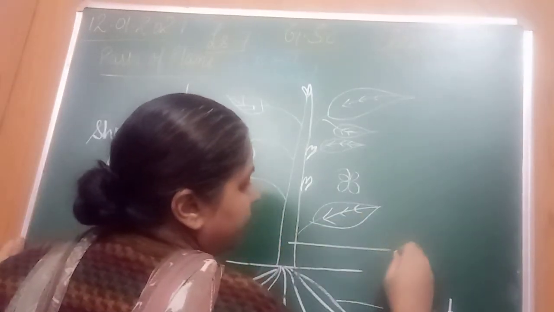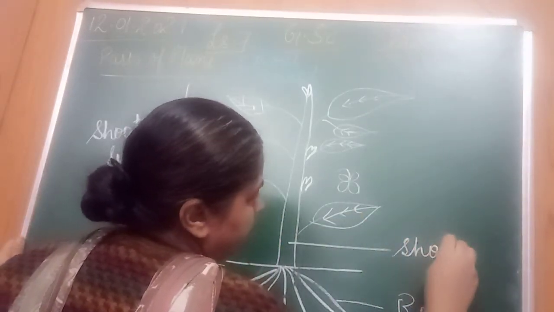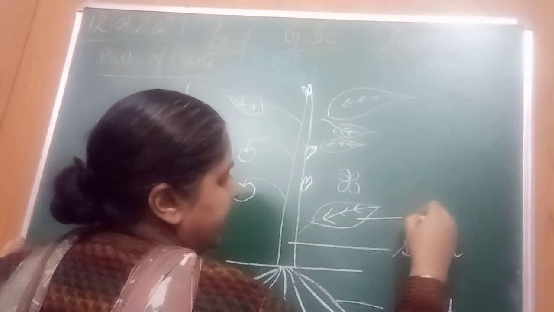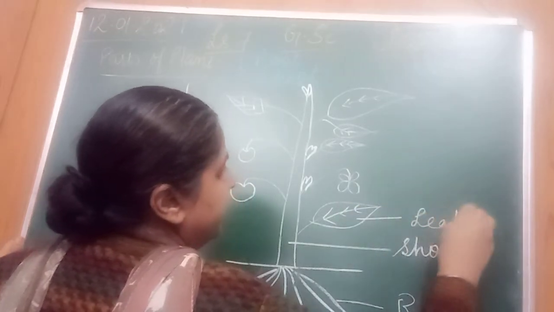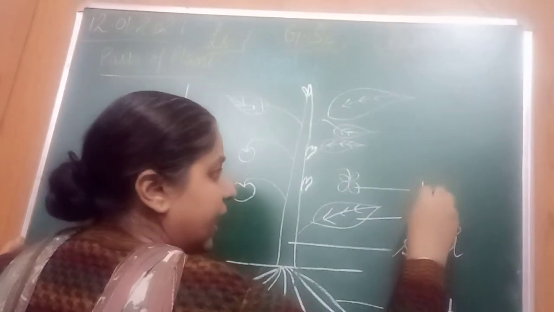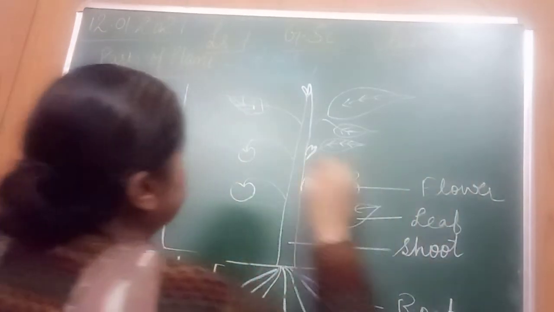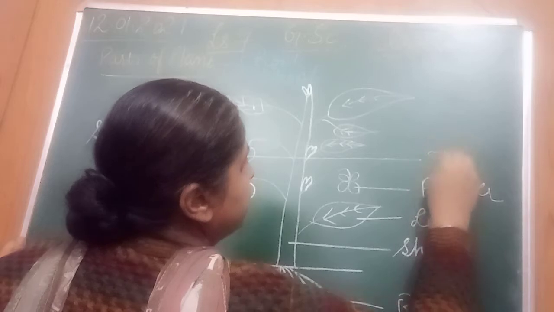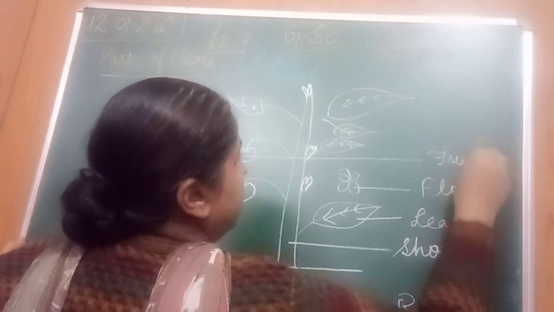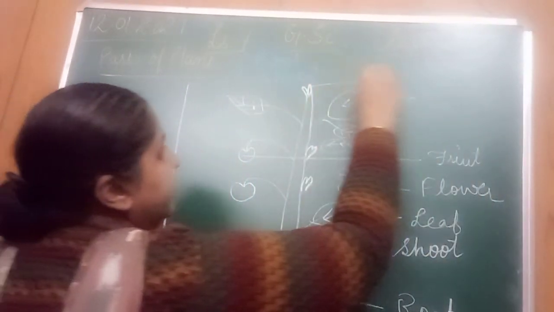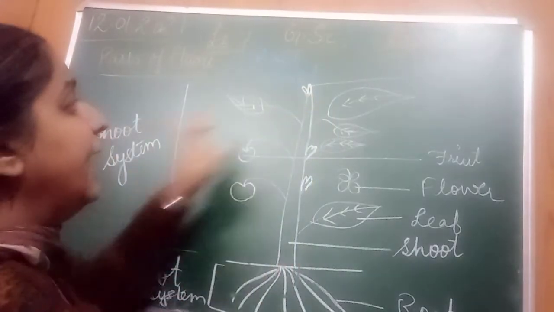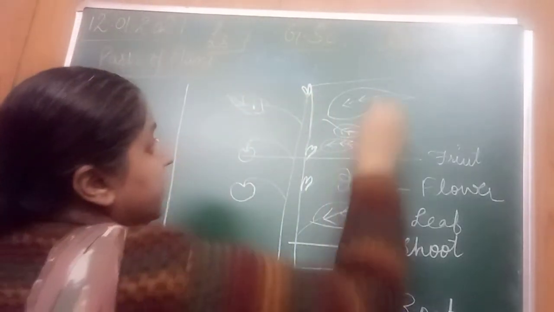First of all, what was this? Shoot. Then this is a leaf. This is a flower. Then this is a fruit. Then this is a bud. And this bud at the top is known as the apical bud.